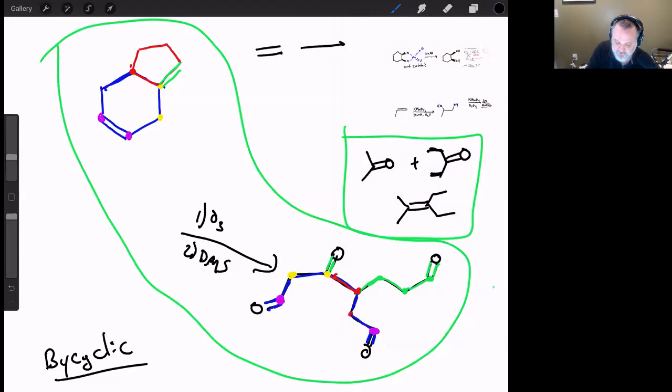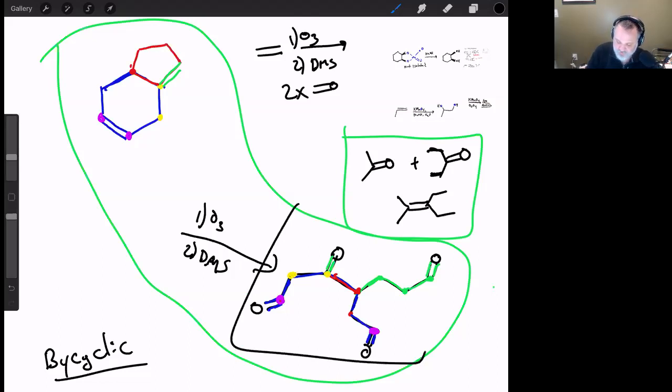Double bond, O3, step 1, DMS, step 2. You get, in this case, two of those. But this can really get complicated really quickly, especially when you get into a big product like this that you really have to do some thinking.